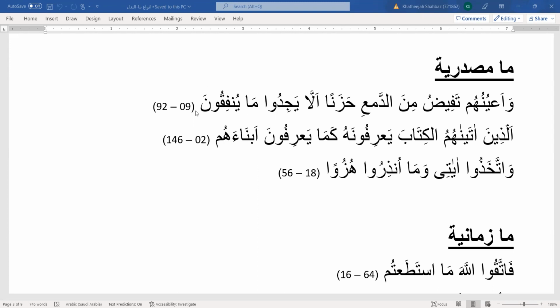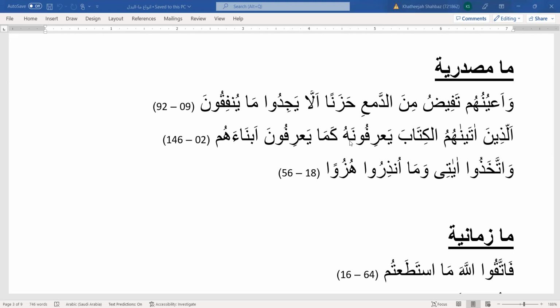So ma yunfikuna will be translated as, in Arabic, if I say infaqahum. Allah yajidu infaqahum, that they do not find their expenditure, their expenses. Similarly, الذين آتيناهم الكتاب يعرفونه كما يعرفون أبناءهم. الذين, those who we gave them the book, they recognize him. عرف يعرف.